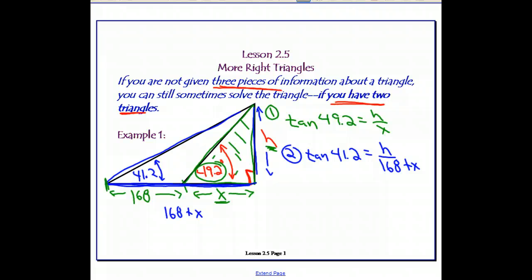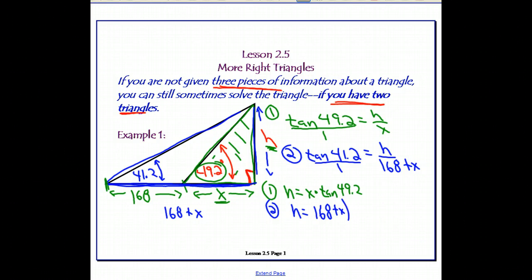All right, let's take equation 1, and we treat it as a proportion. Cross multiply. So equation 1 is going to give me H equals X times the tangent of 49.2. Similarly, equation 2, I'll cross multiply, and I will get H equals 168 plus X, and here's where the algebra comes in, a parenthesis, times the tangent of 41.2.